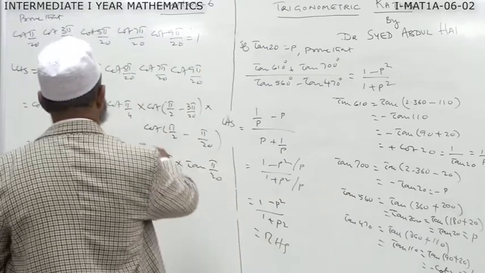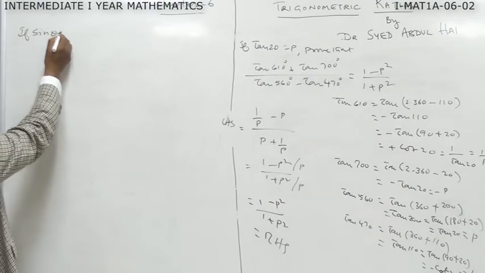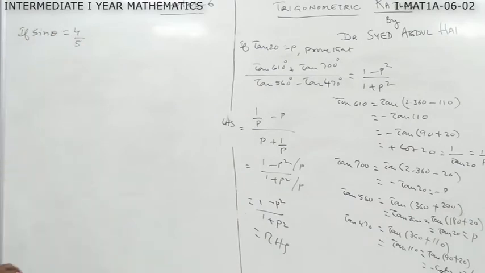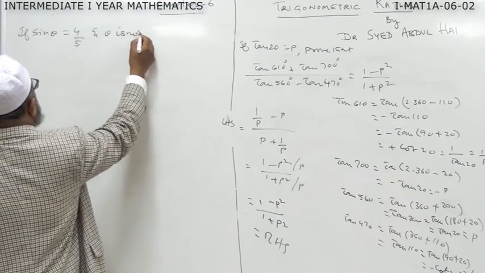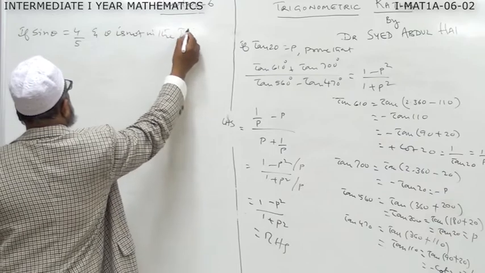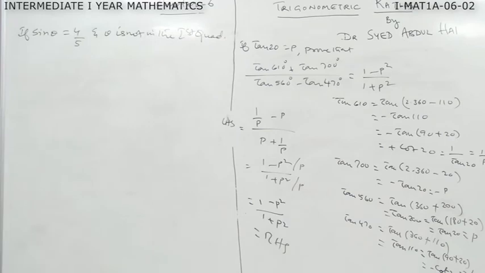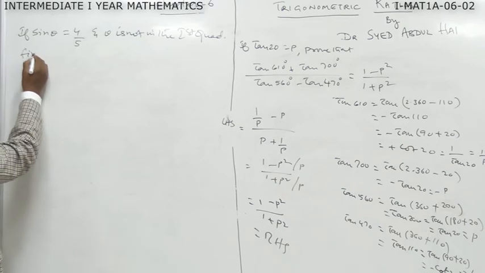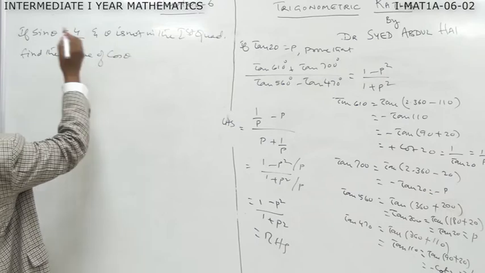Question is, if sin theta is equal to 4 by 5 and theta is not in the first quadrant, then find the value of cos theta.